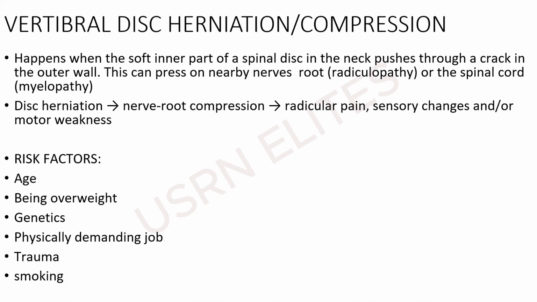What are some of the risk factors? Age. You know, as you age, okay, it can complicate this, all right? And being overweight will put pressure on the spinal cord. Okay, sometimes genetics can play a role, leading to weakness of the spine, the vertebra.